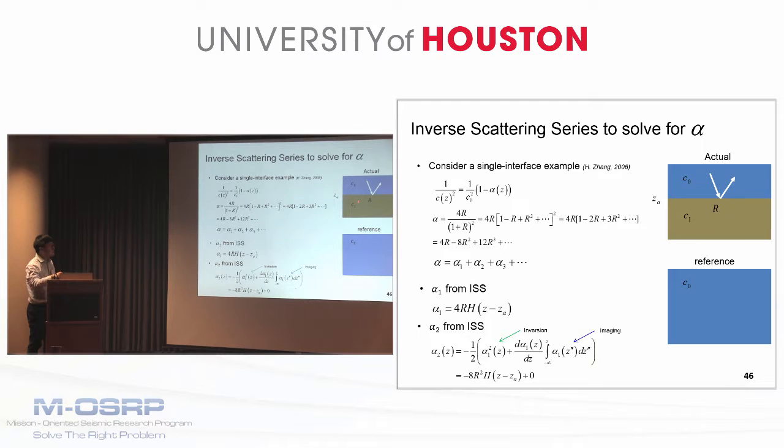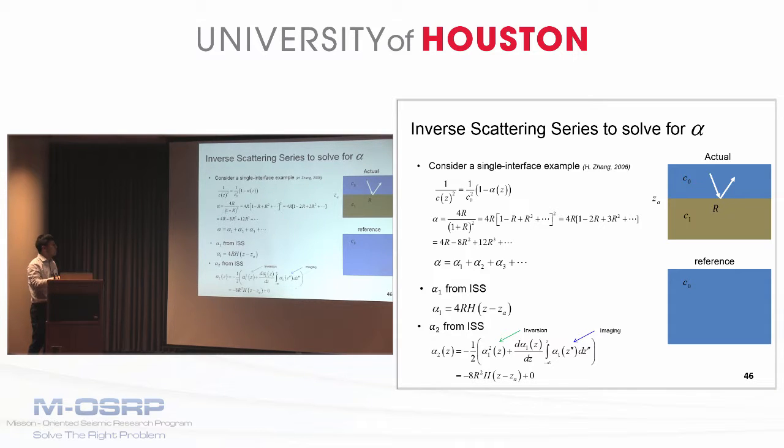First, for this problem there is no imaging problem because we use a reference velocity that agrees with the actual, so this term's contribution is 0. There is no imaging problem. However, this term gives the result minus 8R squared. We can see this term and this term correspond exactly to the first two terms of the alpha expansion. So when the ISS is formulated in terms of alpha, it seeks to find alpha.